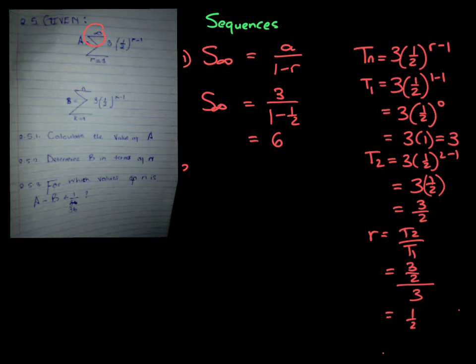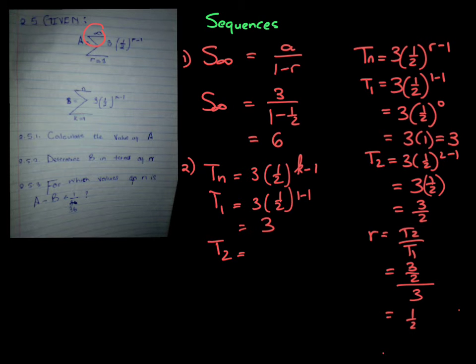Question 2 wants us to find B in terms of n. So again, we're going to find the first term. We've got Tn equals 3 times half to the k minus 1. So T1 would be 3 times half to the power 1 minus 1, which will just be 3.